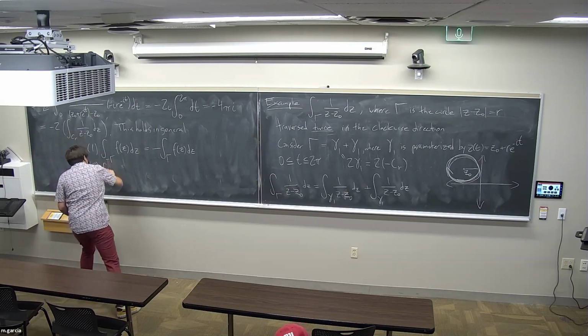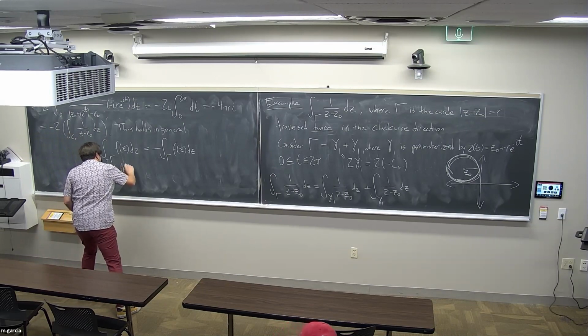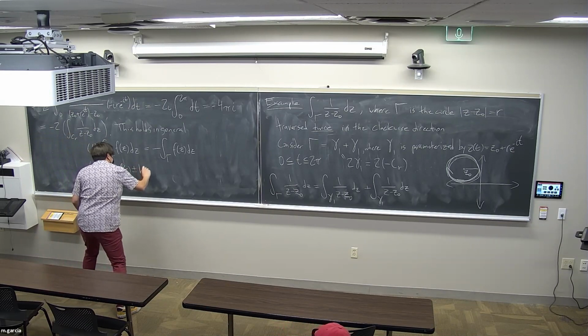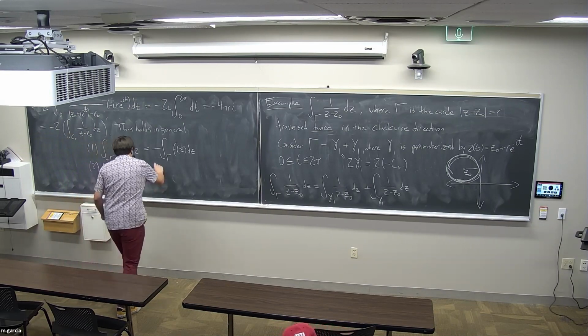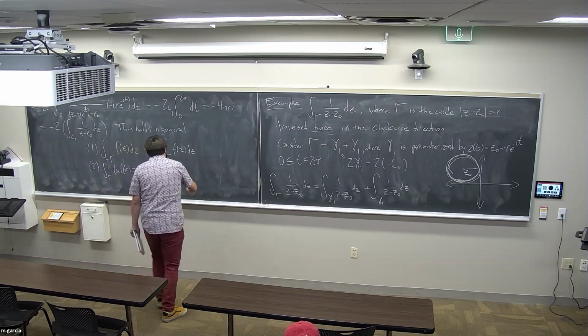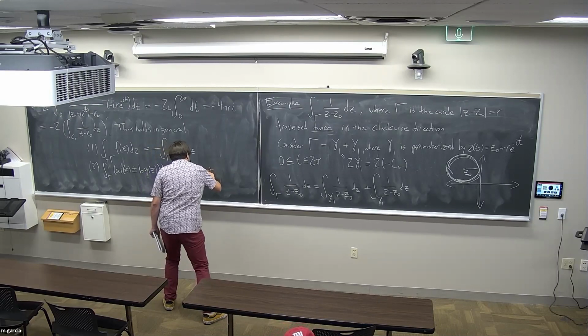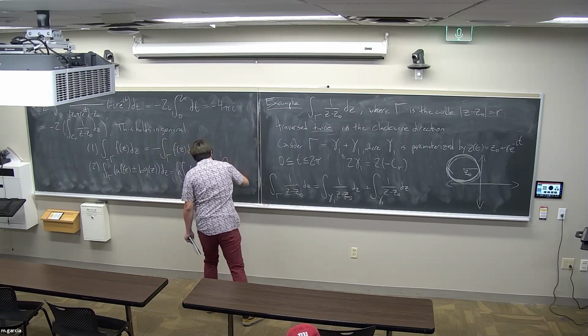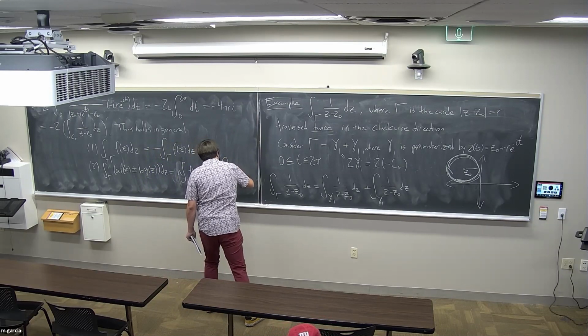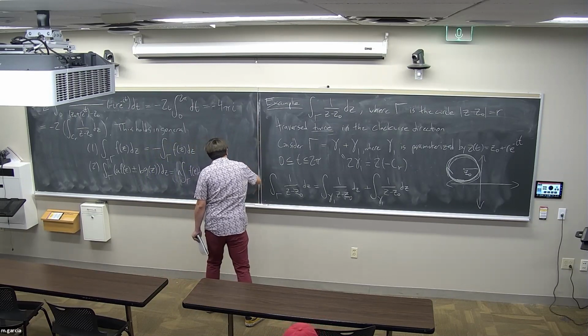The contour integral over gamma of a times f of z plus or minus b times g of z dz is equal to a times the contour integral over gamma of f of z dz plus or minus b times the contour integral over gamma of g of z dz.